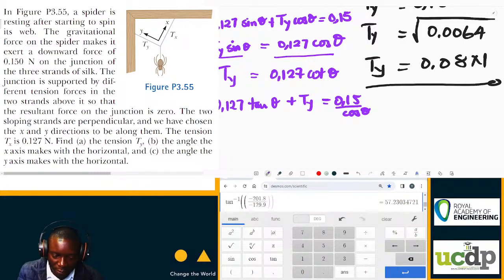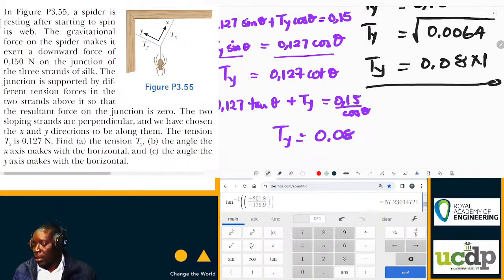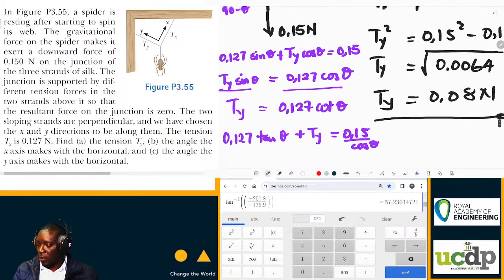So the negative of this plus 0.15 divided by cos 57.8. 0.079. So it gives us Ty equals 0.08. Yes. So yeah, that's it for today.